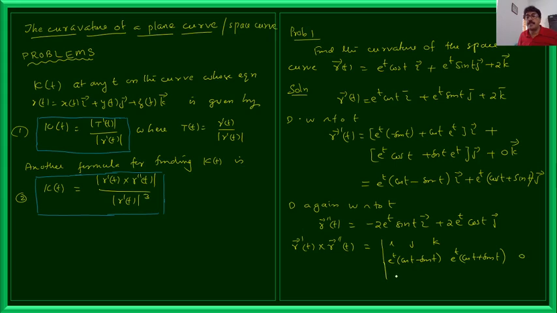Then r double dash t is minus 2 e raised to t sin t, then the second column is 2 e raised to t cos t, and the third column is 0.